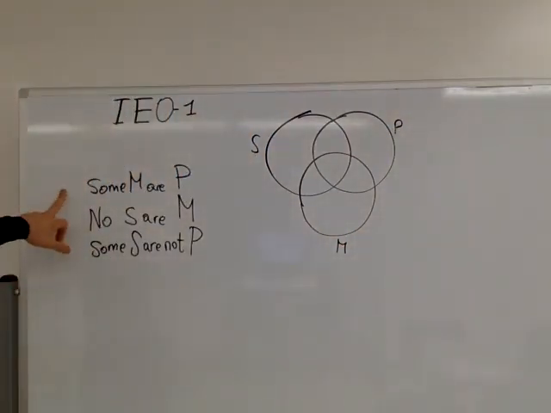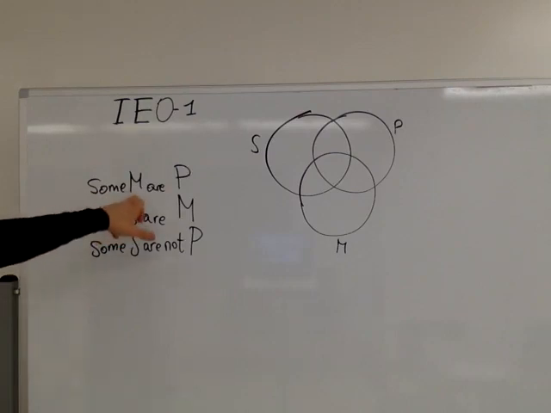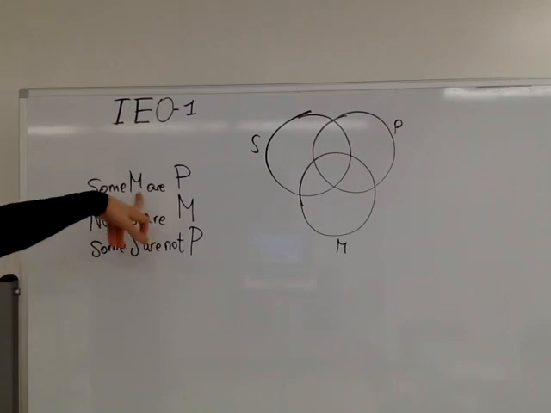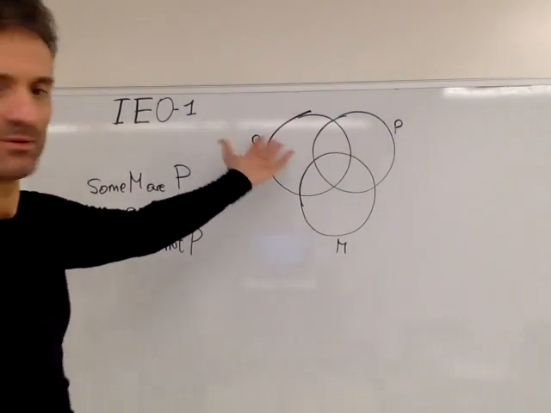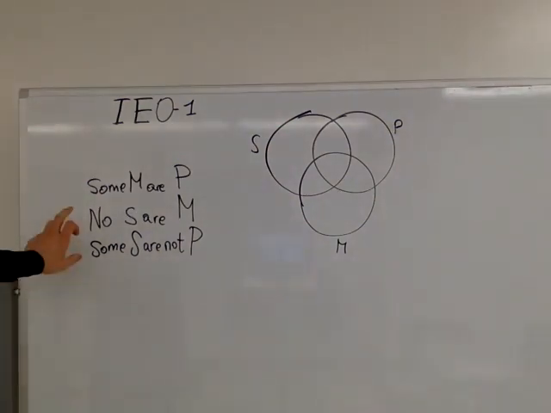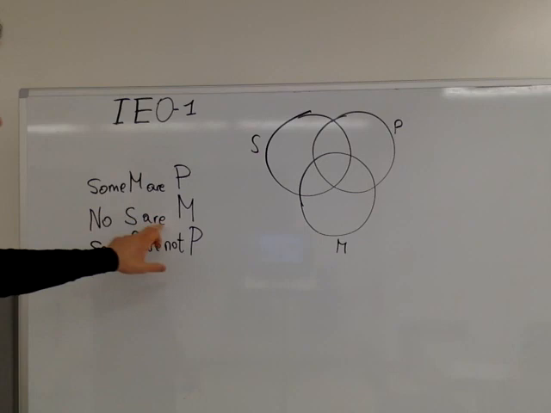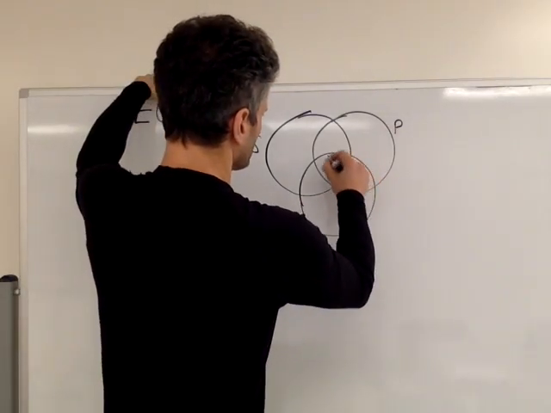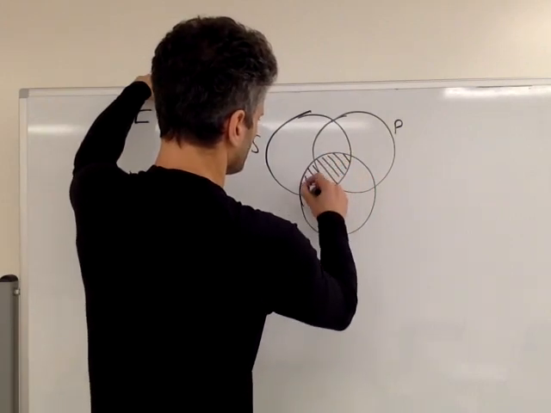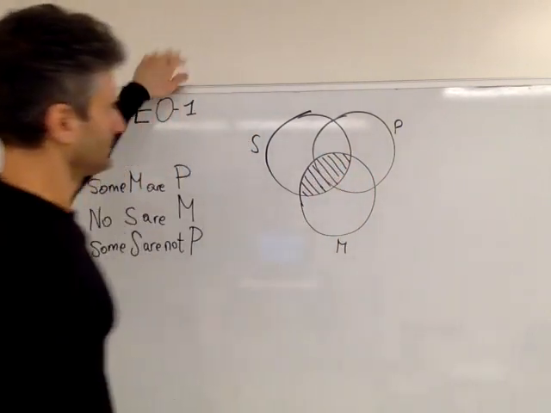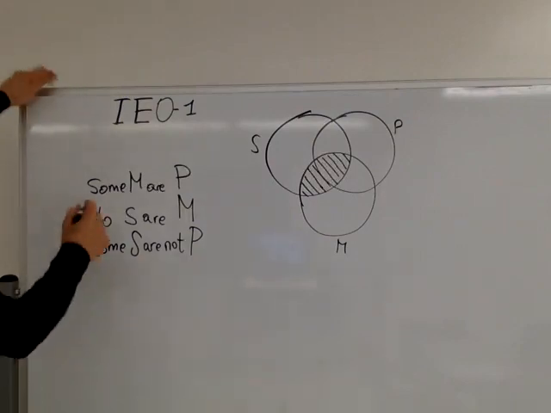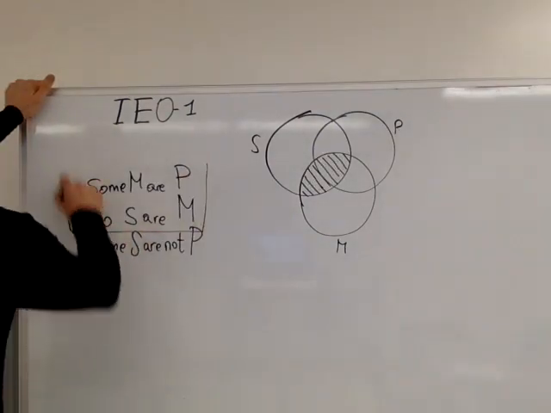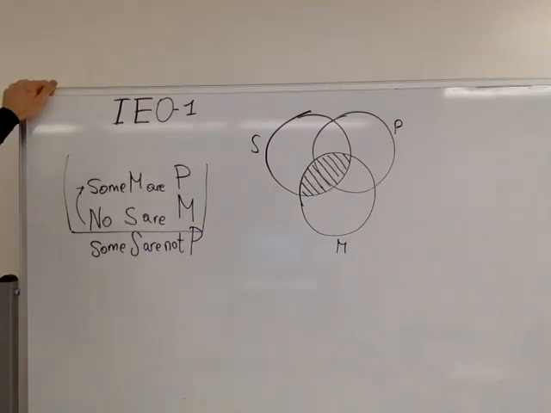All right, once again, we don't start from premise 1 because premise 1 is a particular one. It requires an X. I don't know where to put the X. So let's start with the universal premise. No S are M. Now let's go back to premise 1.